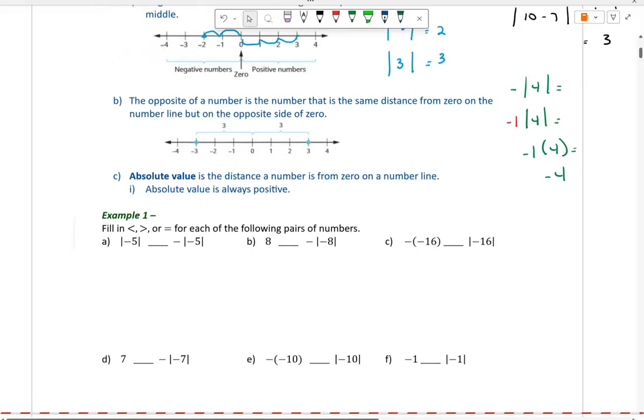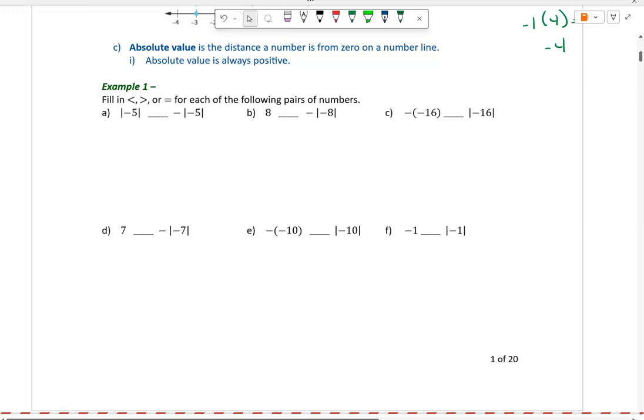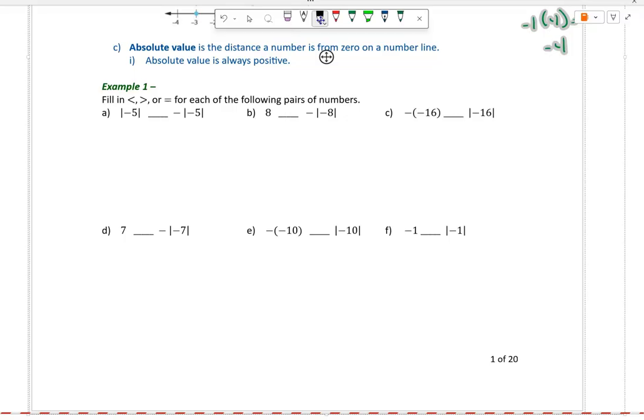Let's see if maybe these are cleared up. So fill in less than, greater than, or equal to for the following pairs of numbers. So we just kind of want to work these out just to see what they are. What's the absolute value of negative 5? Whoops, quit. Positive 5. Now I have the negative of the absolute value of negative 5.